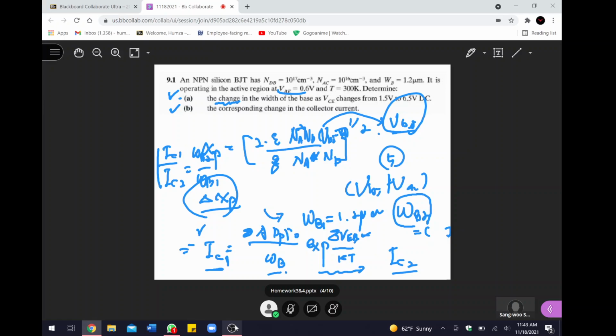Using this you can calculate the corresponding change in the collector current, delta IC. So that will answer the second question.